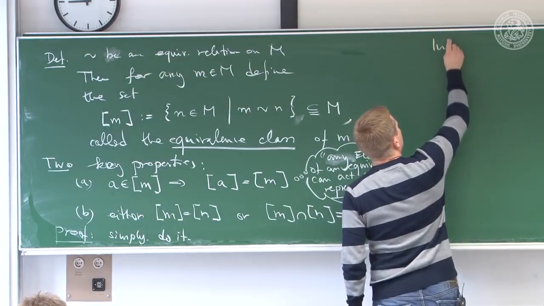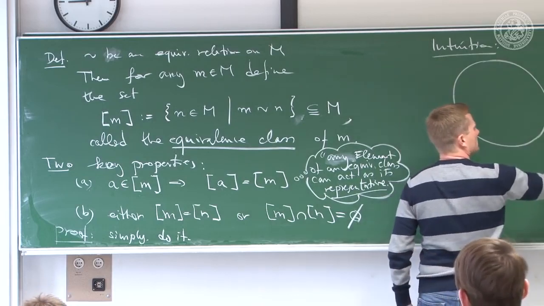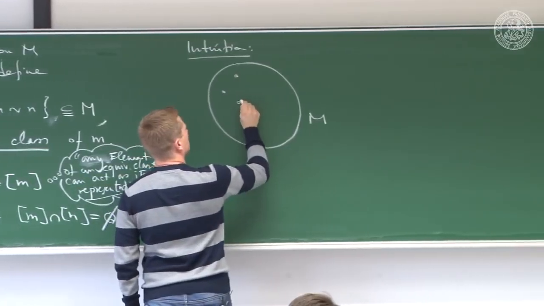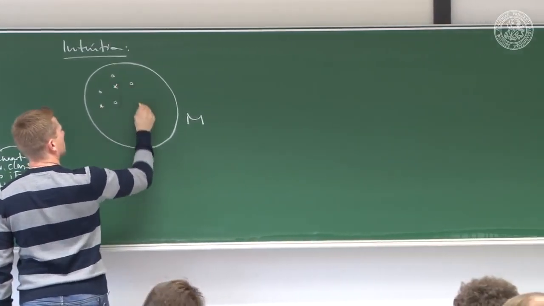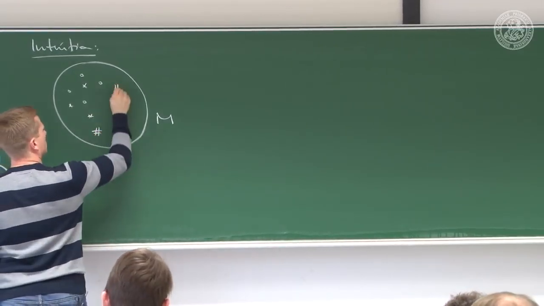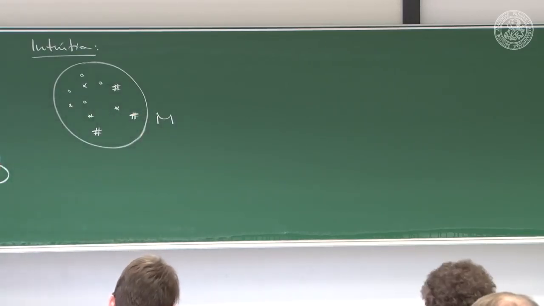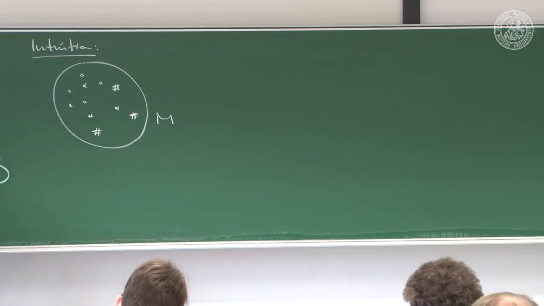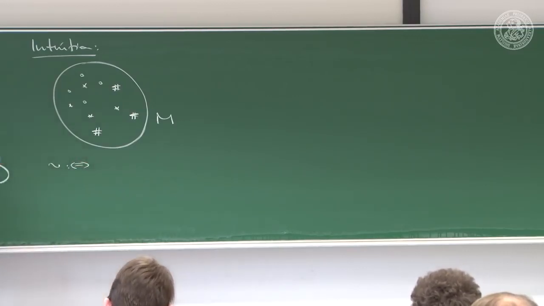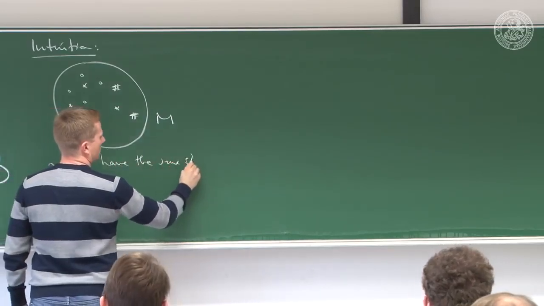Now, the intuition about this is the following. Assume you got the set M, and you have these elements, and now you may define an equivalence relation by saying they have the same shape.